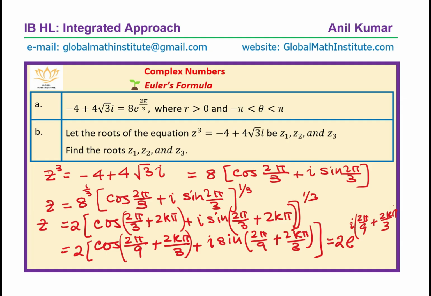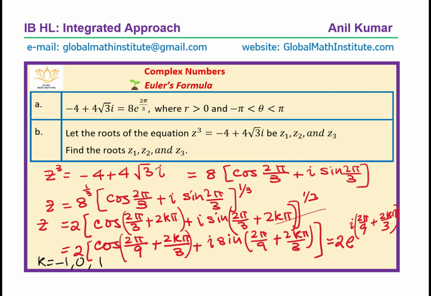So you could write it like this. Now, substituting values of k to find the three roots, we can put k as -1, 0 and 1 to get the three roots, right?